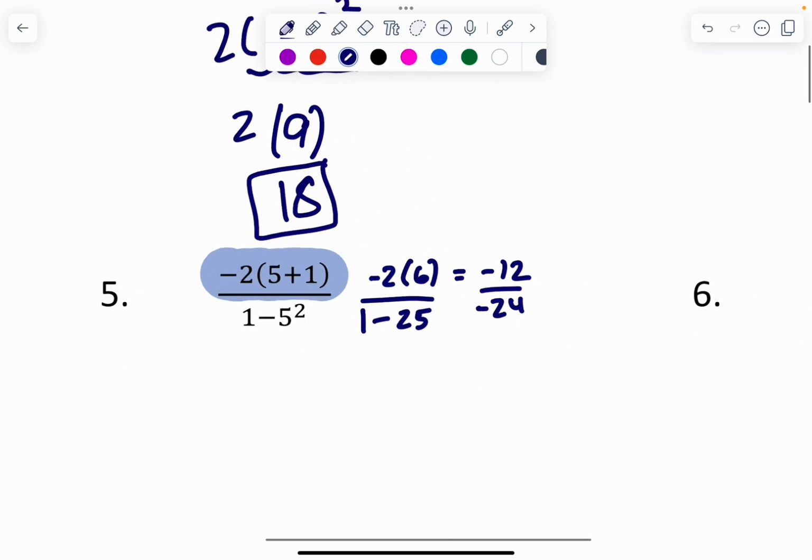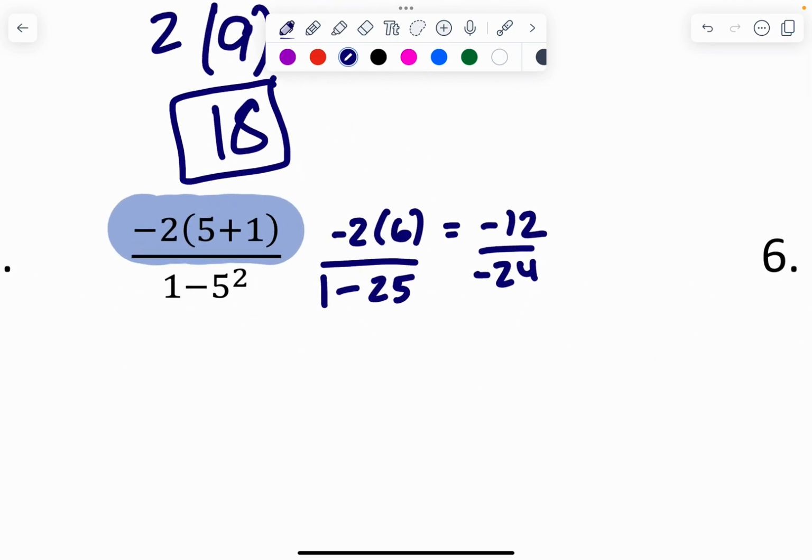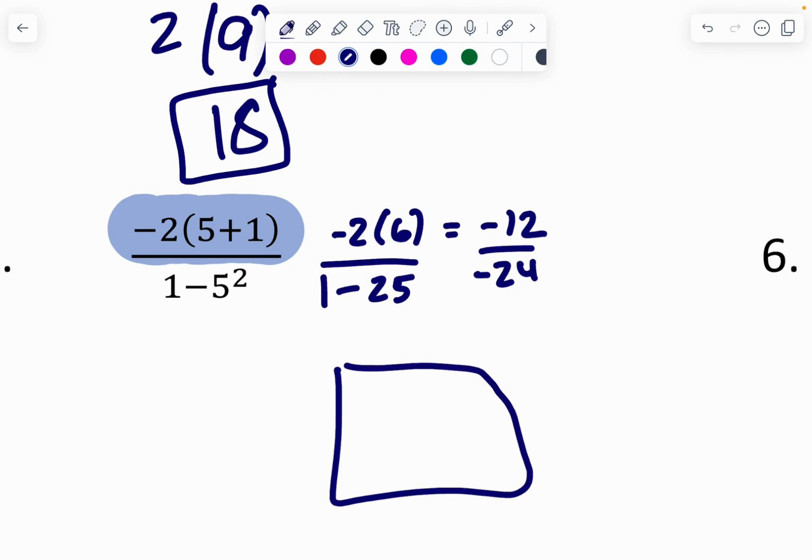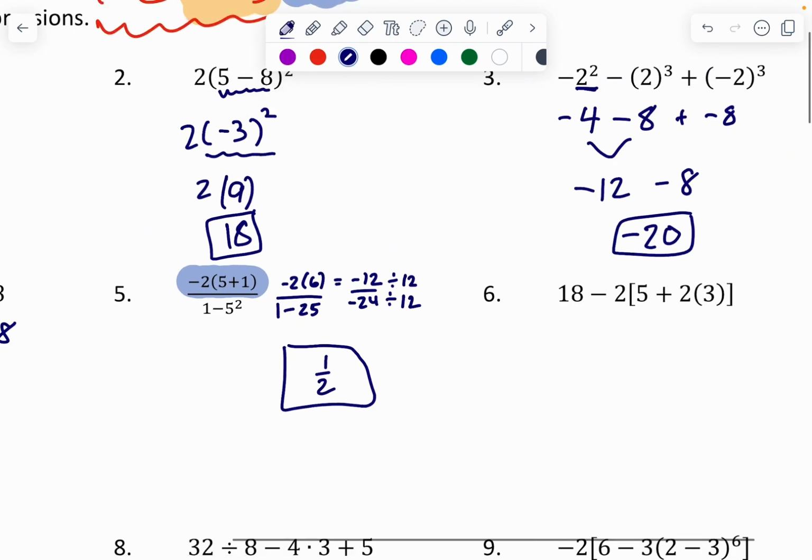And then lastly, a negative divided by a negative, or a negative times a negative, either way, is a positive answer. So your answer will be positive, no negatives anymore. And you got to reduce the fraction, meaning divide by what they both have in common. The biggest number they both have in common is 12. When you divide by 12, you get 1/2. That's simplifying or reducing fractions.